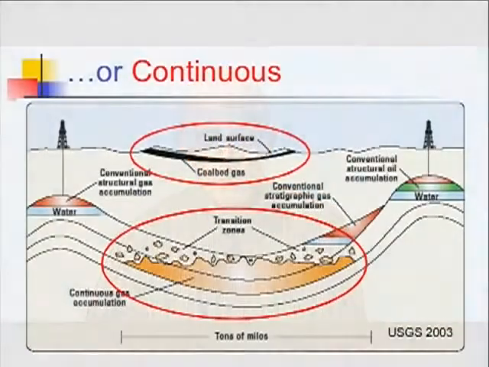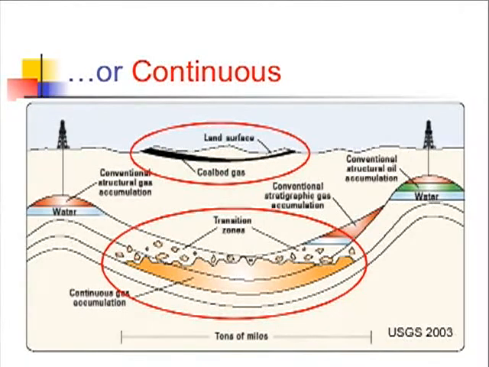Notice this gas accumulation is in the bottom of a sedimentary basin, and it sort of disappears. It has diffuse boundaries, but there may be a transition zone between accumulation and non-accumulation. The important point is that the gas can be found everywhere throughout this accumulation, continuously, with no gaps.